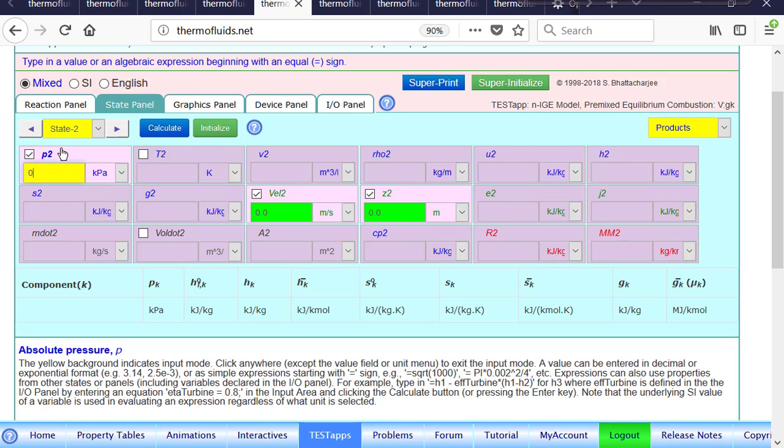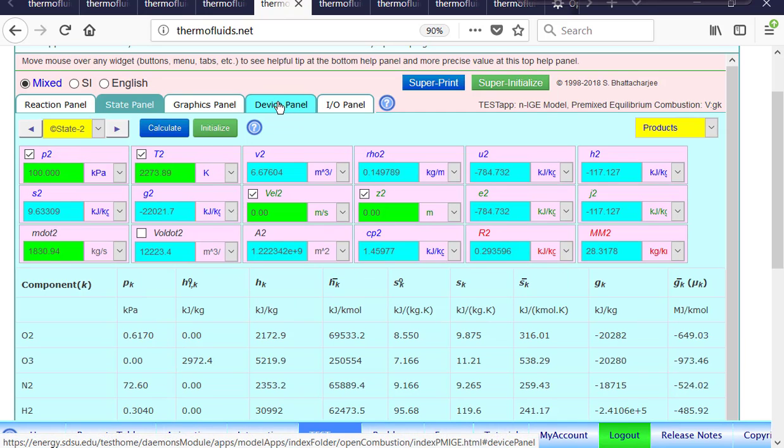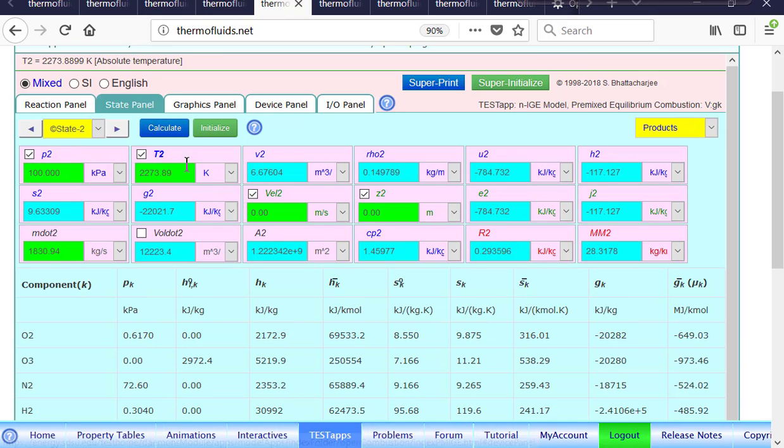We should have entered the pressure because temperature is now unknown. And so it goes and calculates now, and determines the temperature to be 2273. So that is the adiabatic flame temperature.